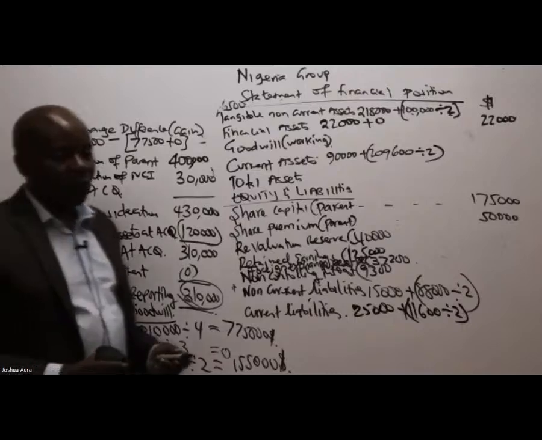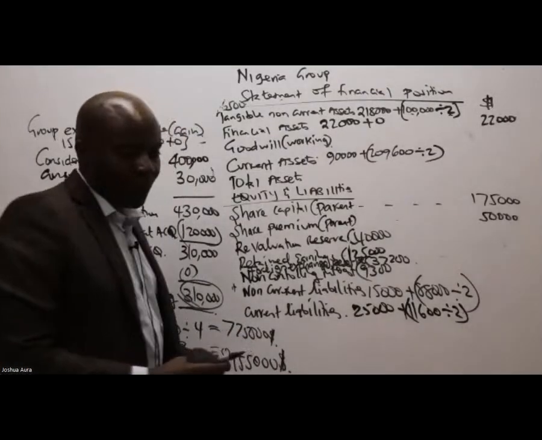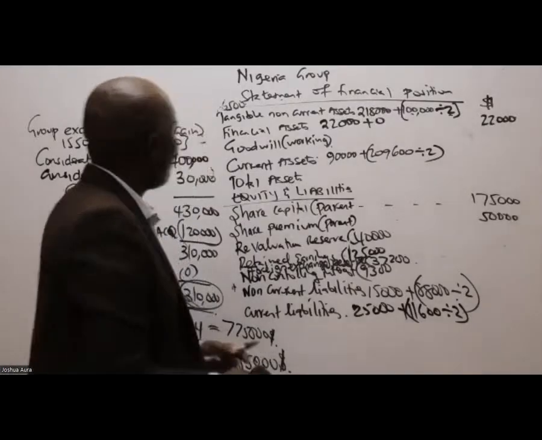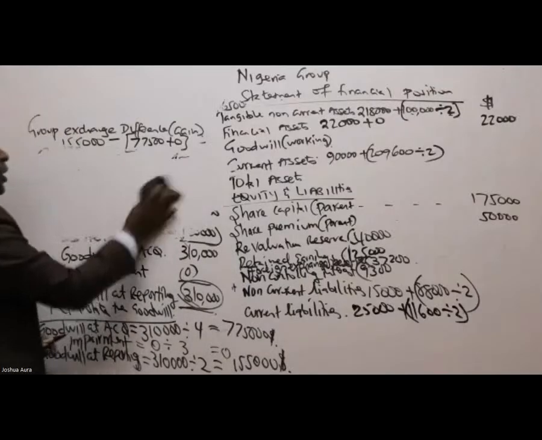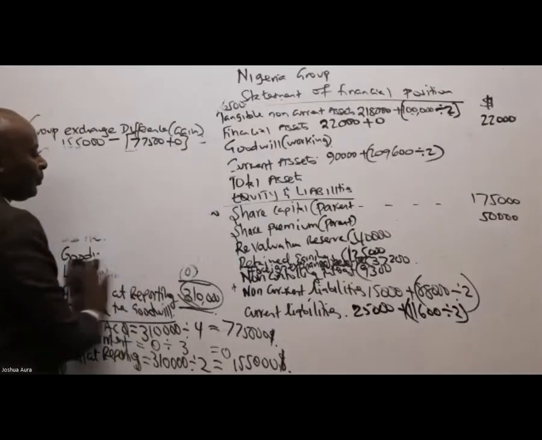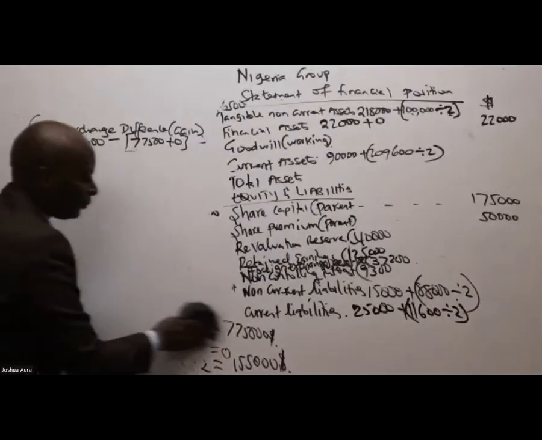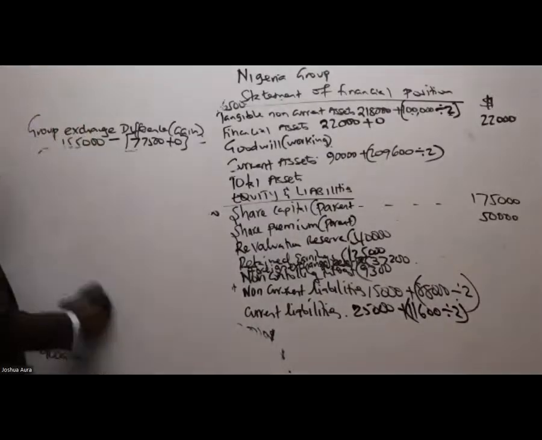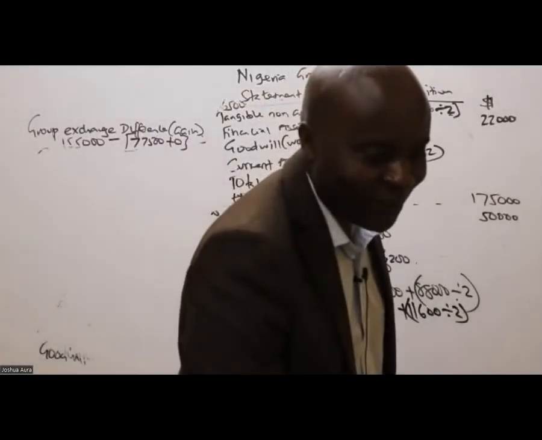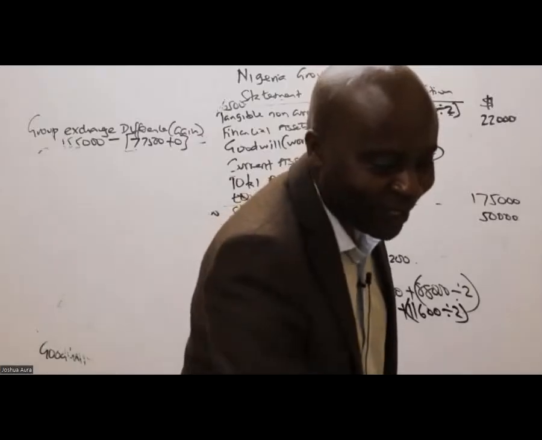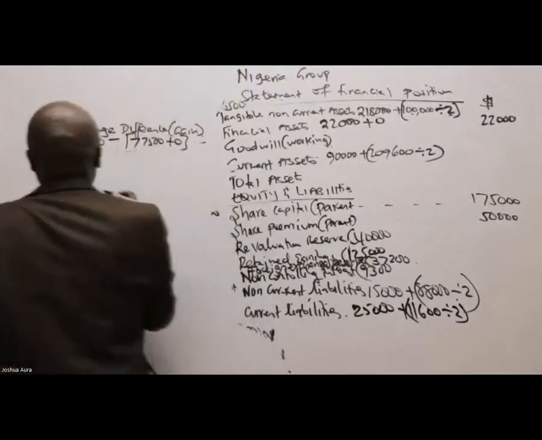I was given a figure of $72,500. Is it 72 or 77? Where are they getting 72 from? I think they are correcting there. So they're telling me it is 77,500.